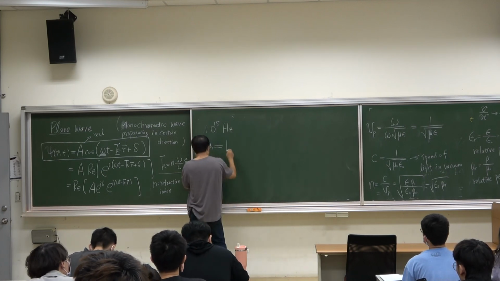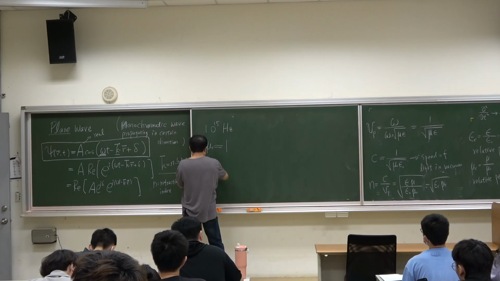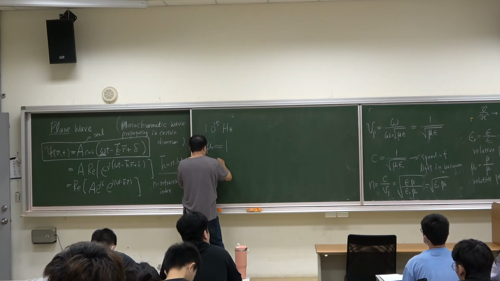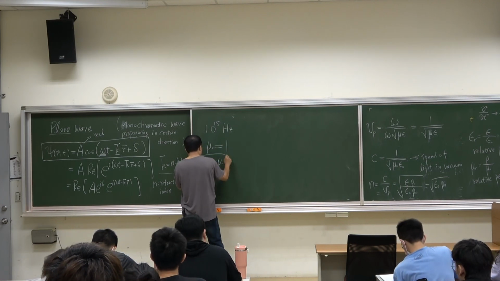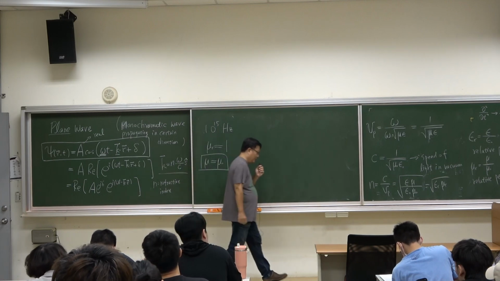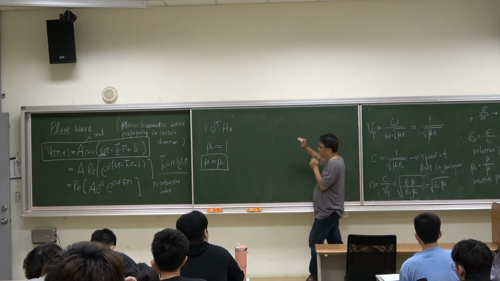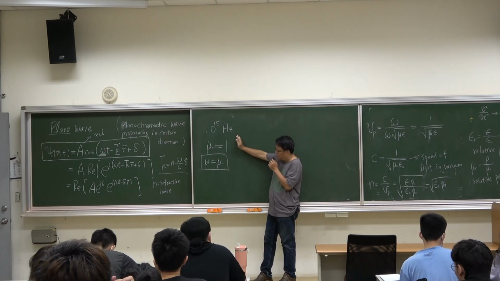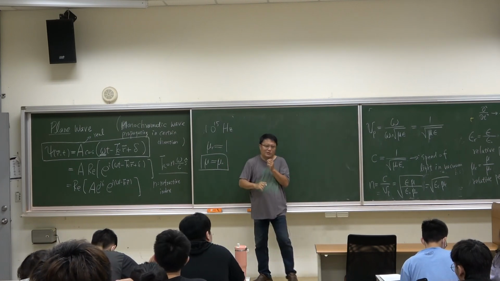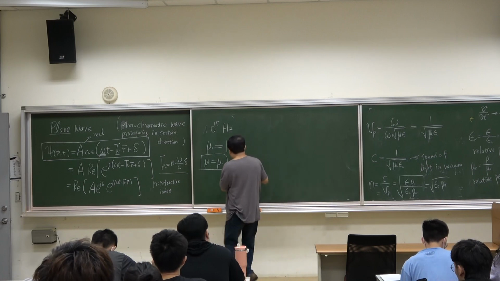So usually we just assume mu to be mu 0. In this textbook, we just assume mu is equal to mu 0.